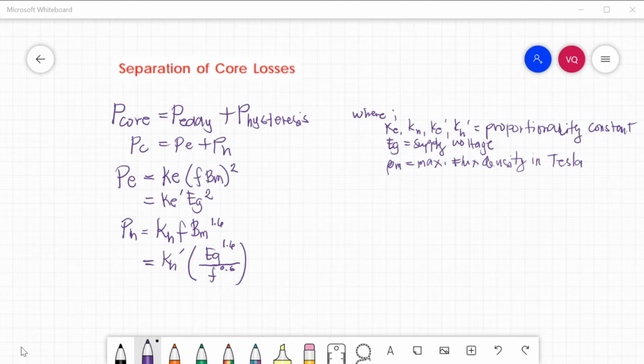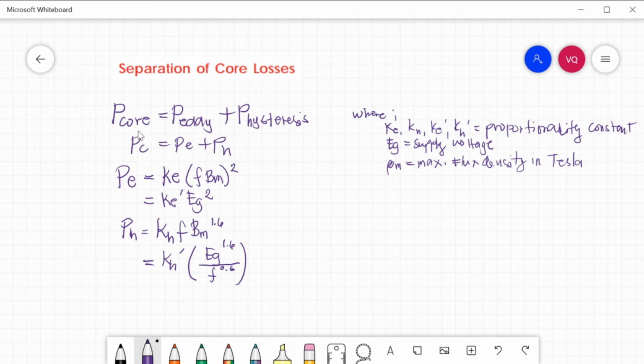If you carry out two experiments using two different frequencies but the same maximum flux density, we should be able to find the constants and hence calculate the hysteresis and eddy current losses separately.